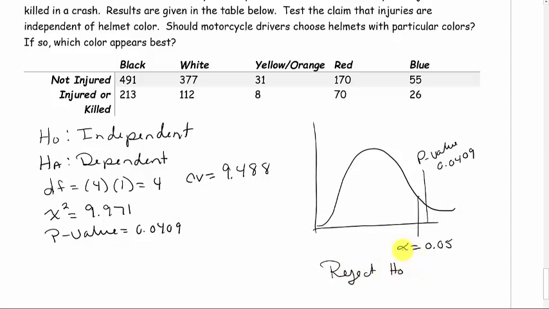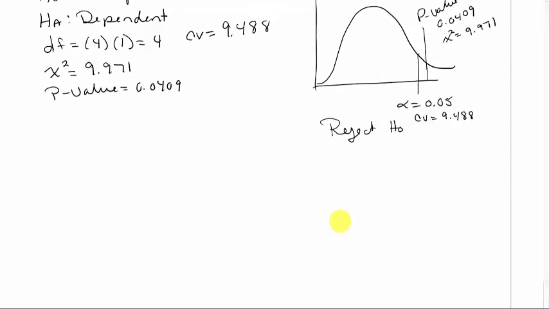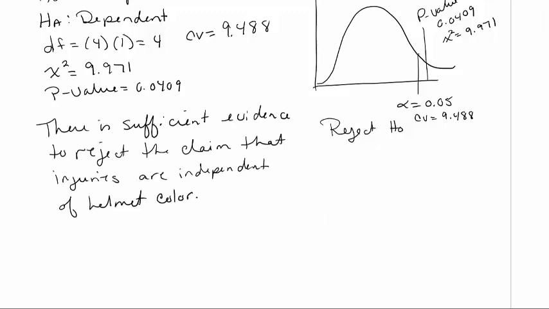If you're going to be doing the critical value way, then the critical value would be down here of 9.488, and this would be your chi-squared statistic of 9.971. Next, we need a statement about our conclusion. There is sufficient evidence to reject the claim that injuries are independent of helmet color.